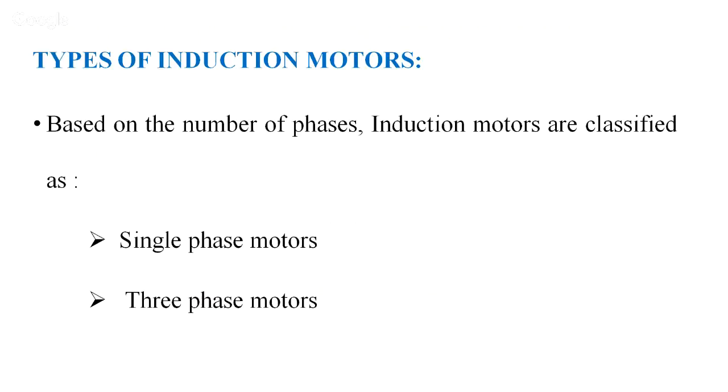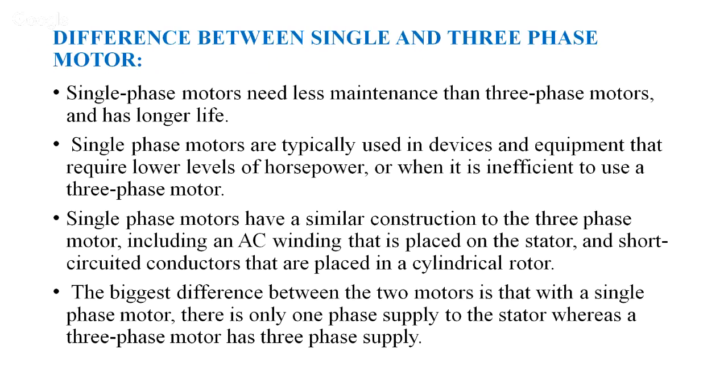Types of induction motor. Based on the number of phases, induction motors are classified as single-phase motors and three-phase motors. Single-phase motors run on single-phase supply and three-phase motors run on three-phase supply. Now, what is the difference between single and three-phase motor?